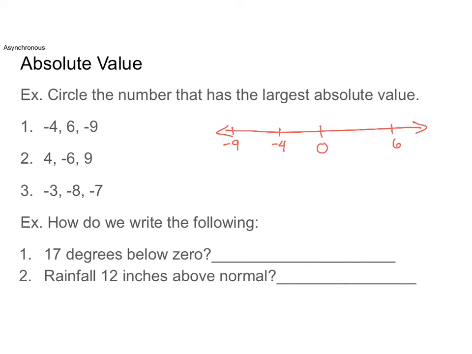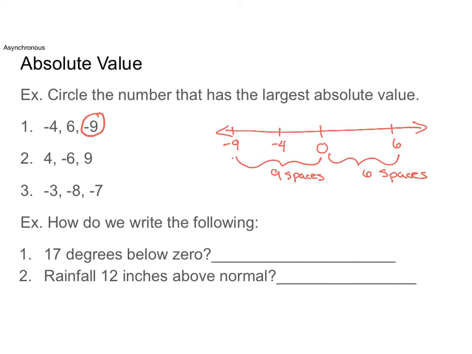So which one's the furthest from 0? I didn't represent this very well, but this one has 9 spaces. This one only has 6 spaces. Okay, so the distance from -9 is, so the distance is greater here. So the largest absolute value is -9.